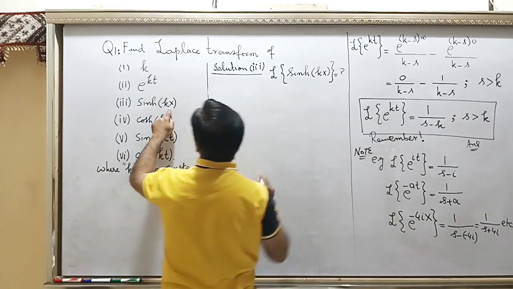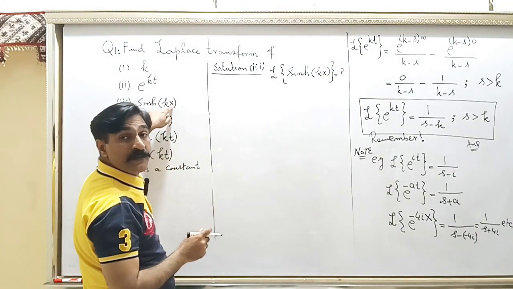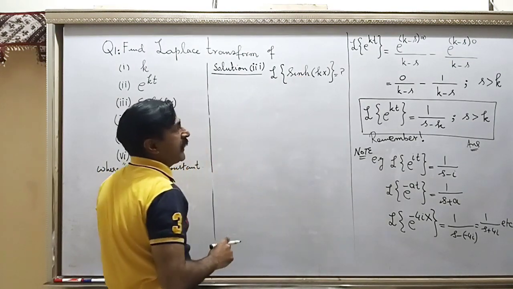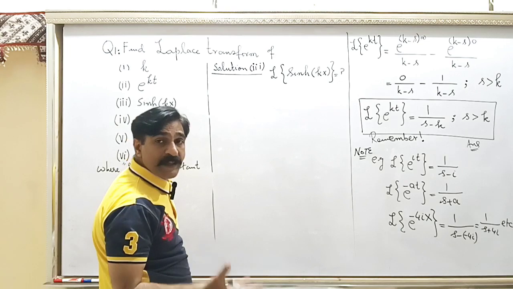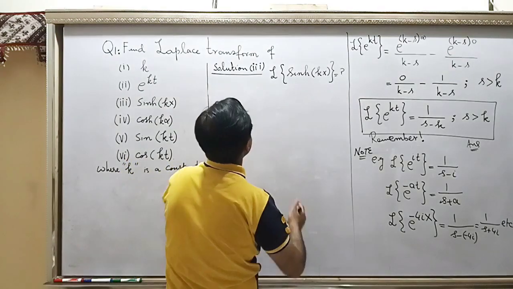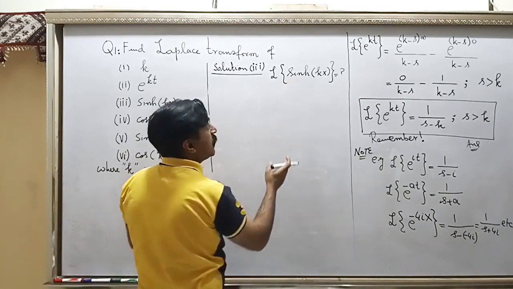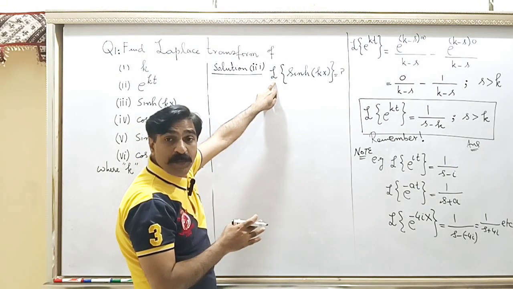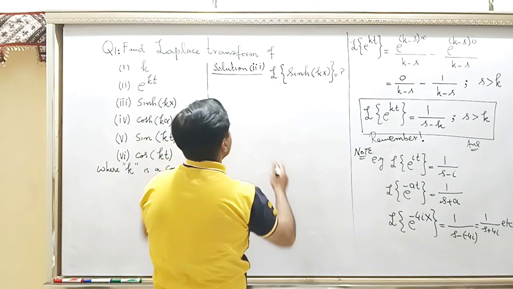I have changed the variable here; instead of t, there can be x. Since a sine hyperbolic function can be expressed in terms of exponentials, we write this in terms of exponentials instead of using the integral for the Laplace transform operator L. Let's check.